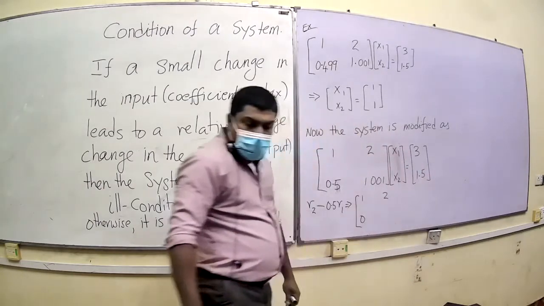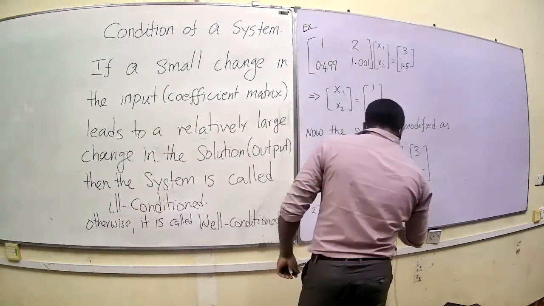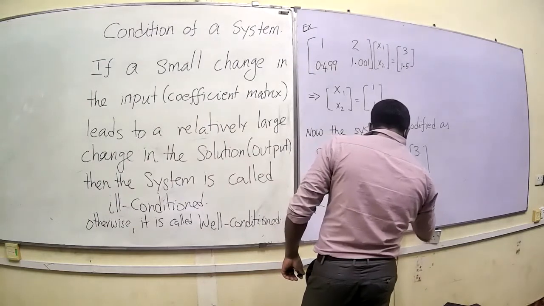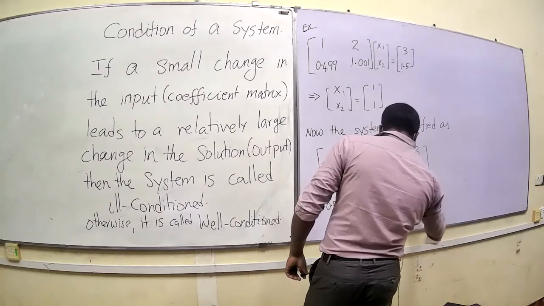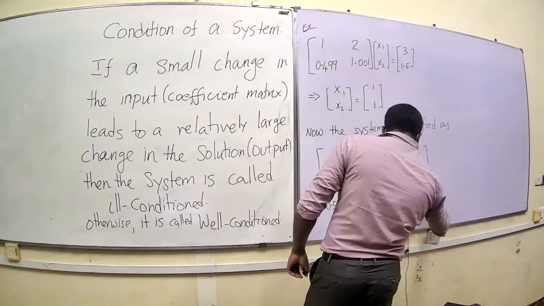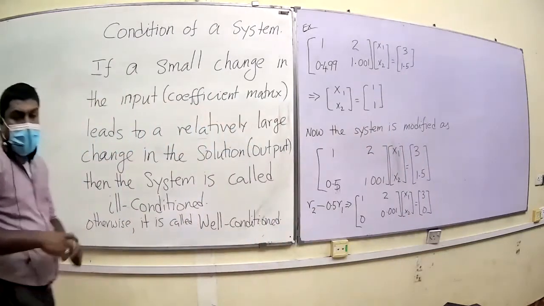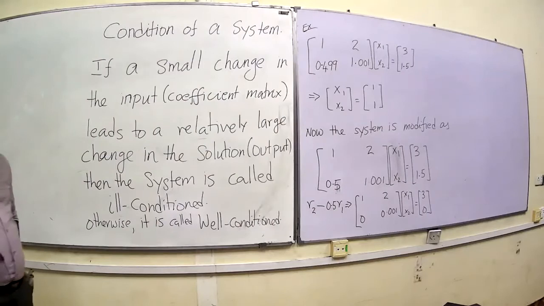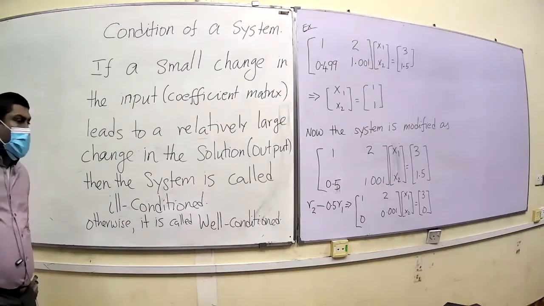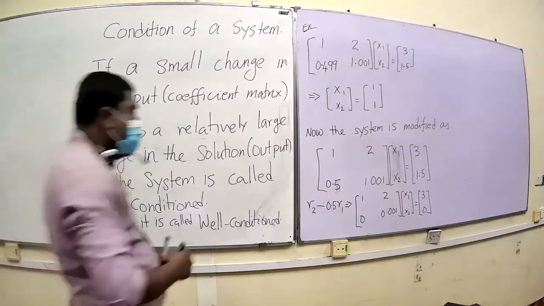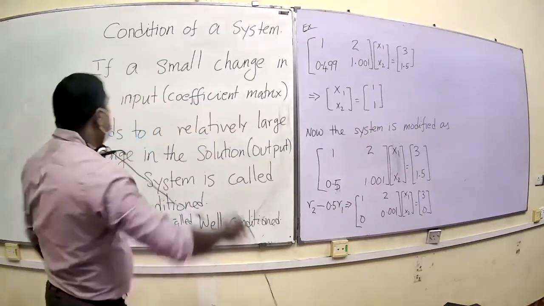So 1.1 minus this, so 0.001. Now if you apply Gaussian elimination for this system, R2 minus 0.5 times R1 gives you this, 0.001 is equal to this.